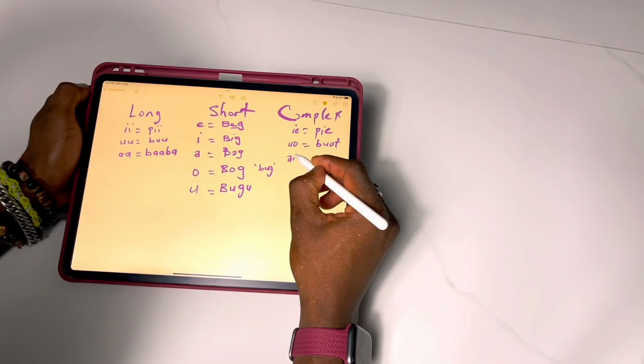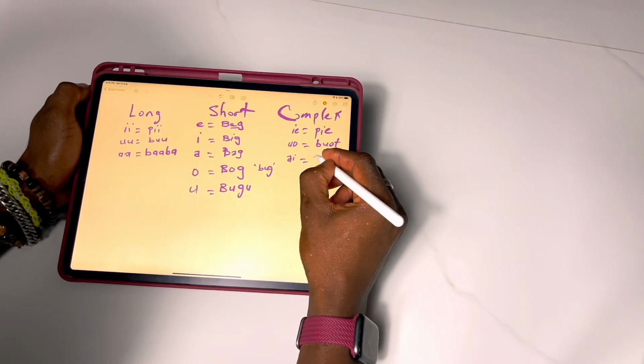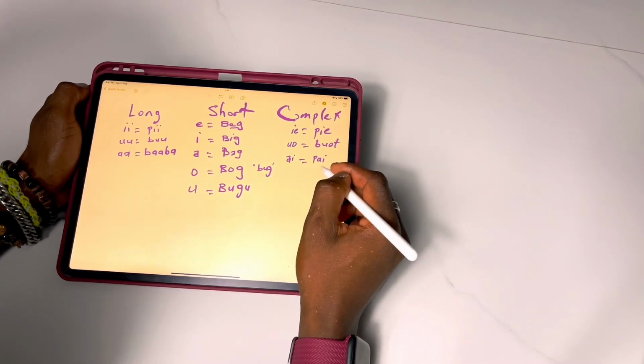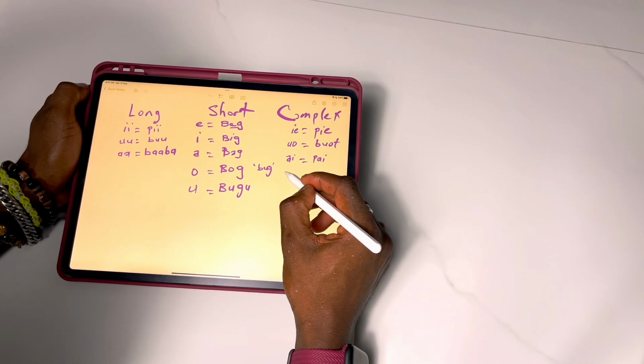Now, if you take P-A-Y in English, that vowel sound is A. So pay. But in Jamaican Creole, that long A sound doesn't exist. As a result, we have A. So in English, you pay your bills, but in Jamaican Creole, you pay your bill, right?